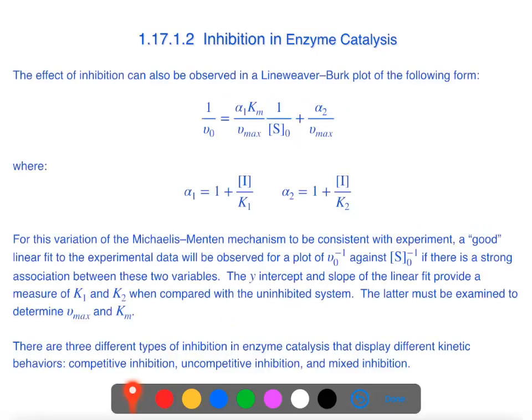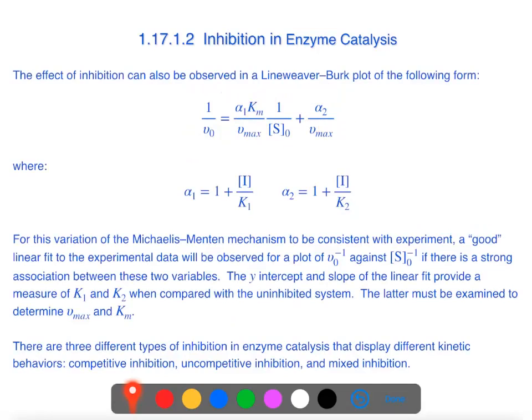Now, like we saw from Michaelis-Menten kinetics, the effect of inhibition can also be observed in a Lineweaver-Burk plot of the following form, where again, we're going to be plotting the inverse of the initial rate against the inverse of the initial substrate concentration. But now the main difference is that in the slope term, we have alpha 1, and in the y-intercept, we have alpha 2.